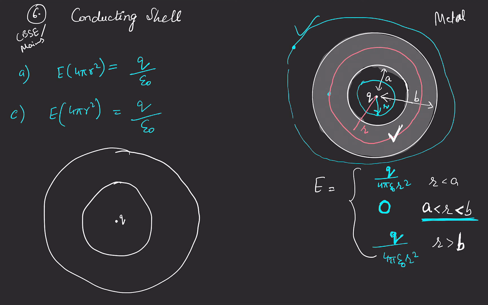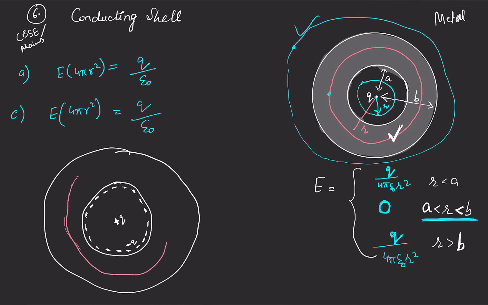If a positive Q charge is at the center, it will uniformly distribute a negative charge on the surface of the cavity, which would be equal and opposite to the charge at the center. So it would uniformly distribute this minus Q charge on the surface.